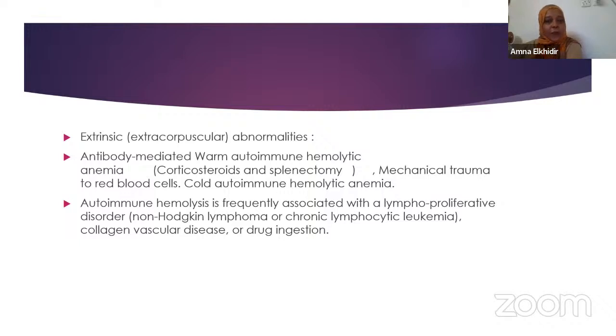And also, the third type is called autoimmune hemolytic anemia. Autoimmune hemolysis is frequently associated with lymphoproliferative disorders. When a patient has autoimmune hemolysis, this makes us suspect that he also has other lymphoproliferative disorders like non-Hodgkin lymphoma or CLL.